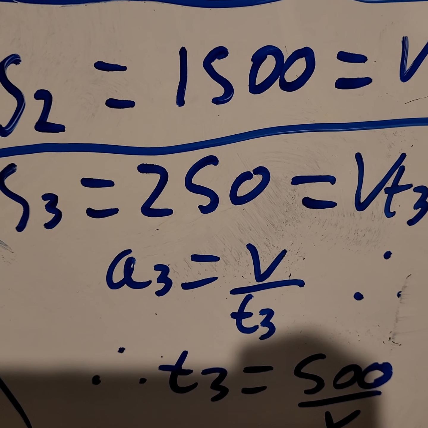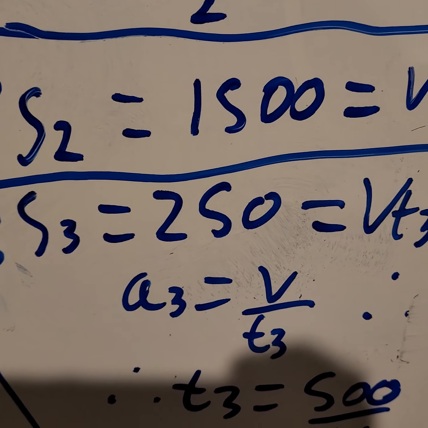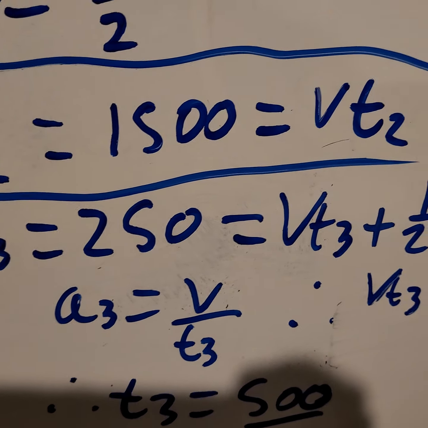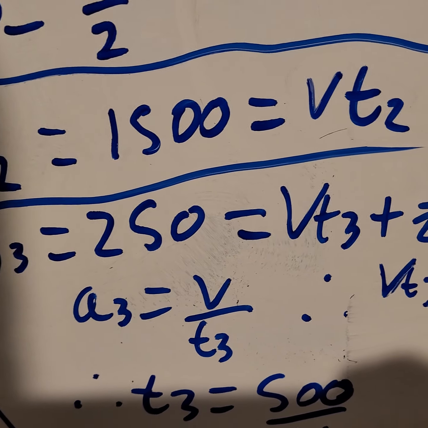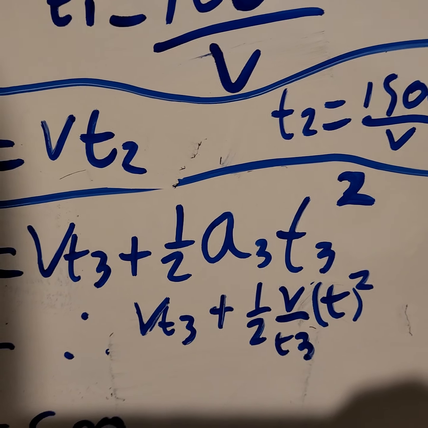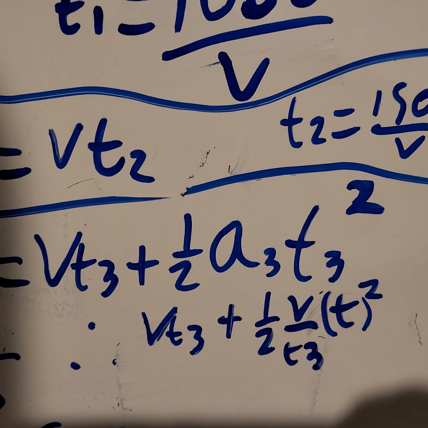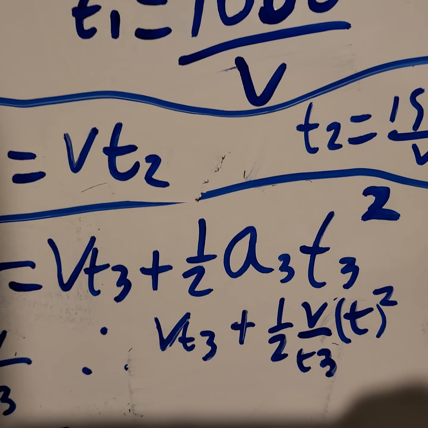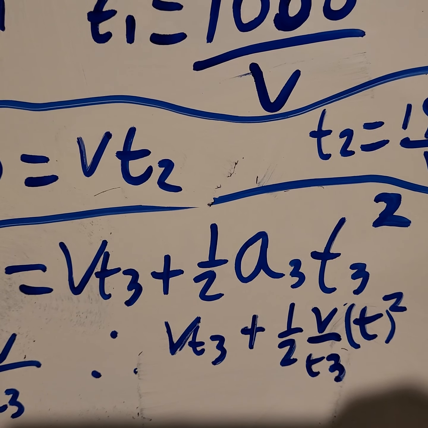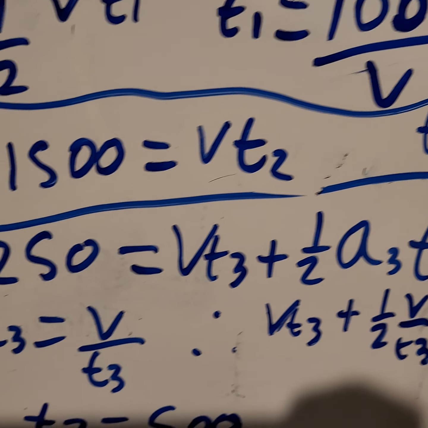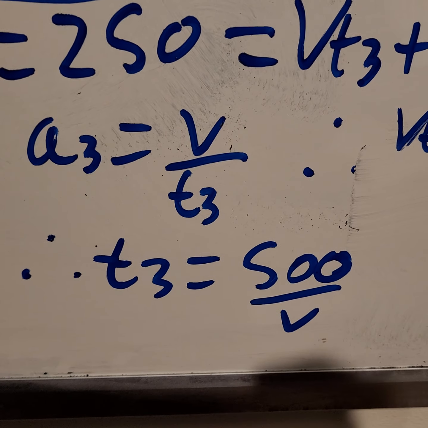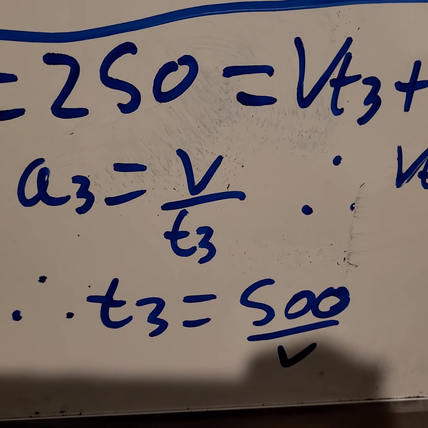That's kind of what we did in the first section when we rearranged acceleration. So now we've got an equation for a, we can put that back into here and we end up with v t3 plus half v over t3 multiplied by t3 squared. And we can rearrange that to end up with t3 is equal to 500 over v.